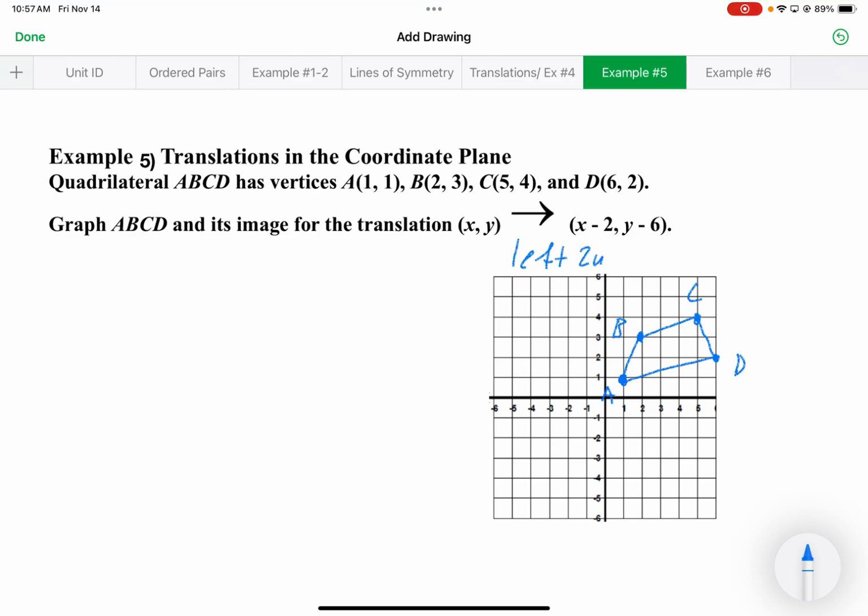Left 2 units. Down how many? Yeah. Left 2, down 6. Okay? So now what I want to do is I want to come up with coordinate points for A, B, C, and D prime. So A prime, B prime, C prime, D prime.